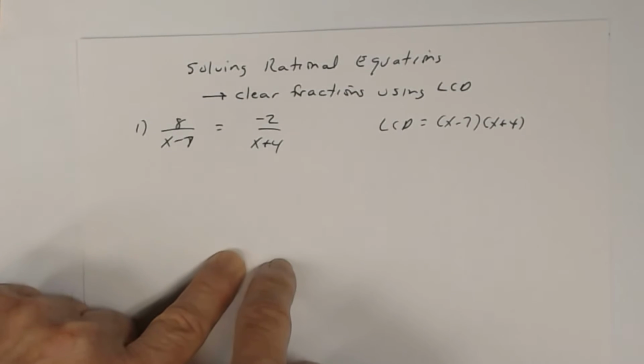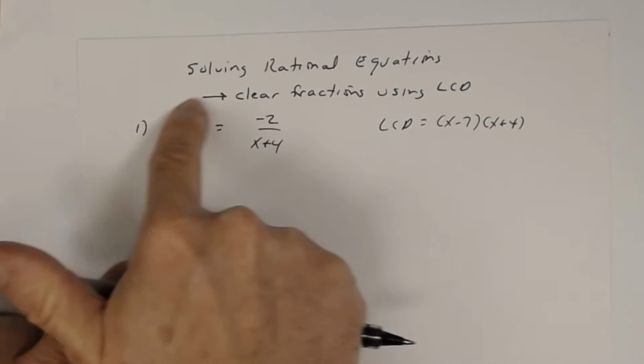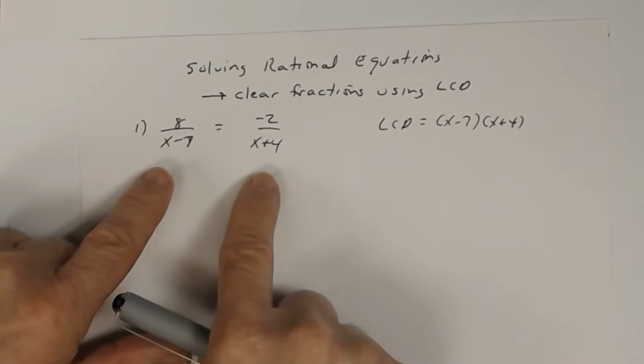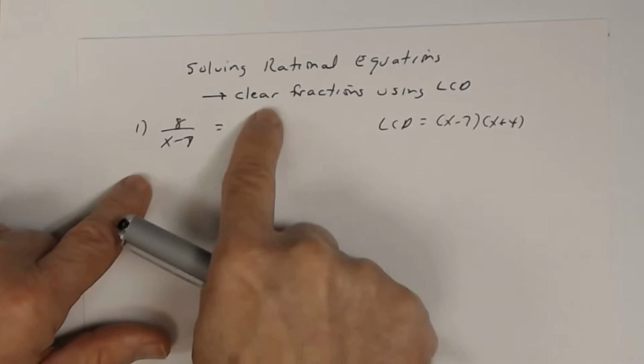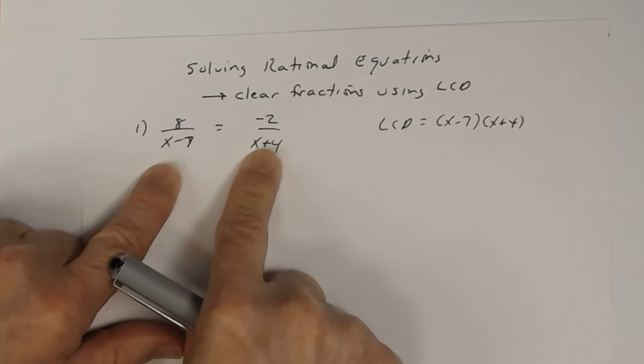Those are false solutions, solutions that are not actually solutions to this equation. And one of the things that helped you with that was to determine what makes the denominator zero. Because remember, you can't divide by zero. Dividing by zero is undefined.